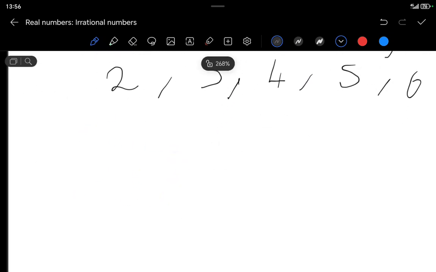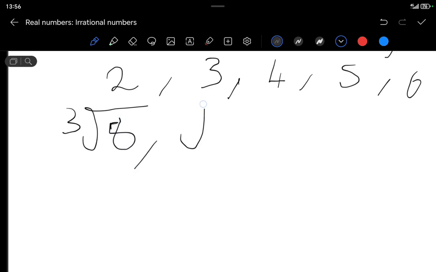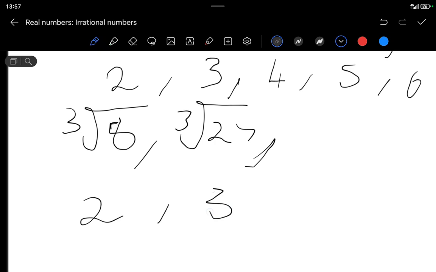What are perfect cubes, in case someone asks? Let's start with 8. The cube root of 8 and the cube root of 27. We know this is just 2, and this is just 3. You can plug it in your calculator, you will see.